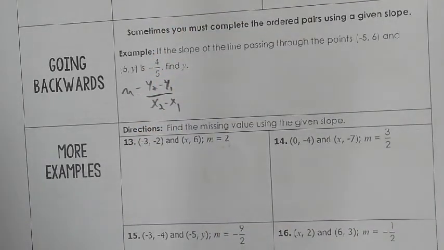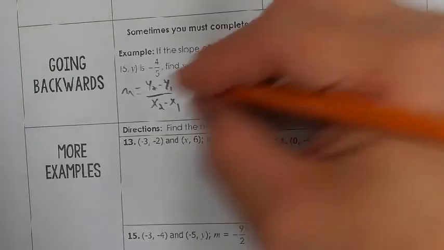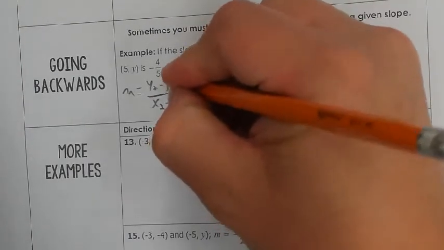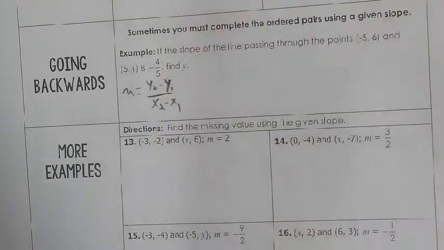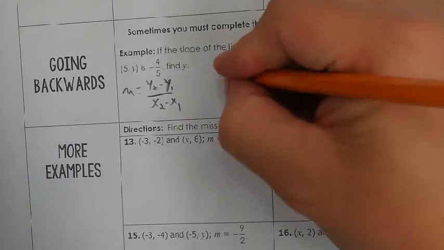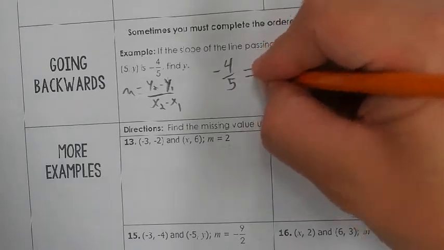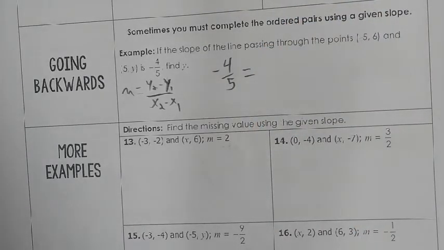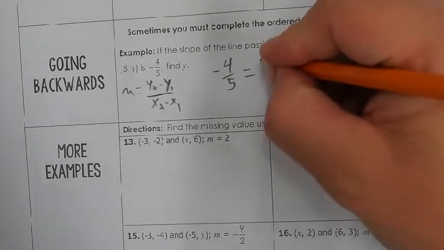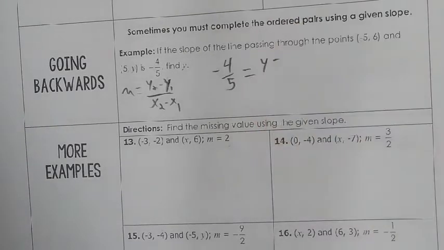Okay, this time we have an m. What is our m? M is our slope. What is our slope? Negative 4 over 5. So we're going to put negative 4 over 5 equals our y2. What's our y2? The second y, just y. Minus what's our y1?